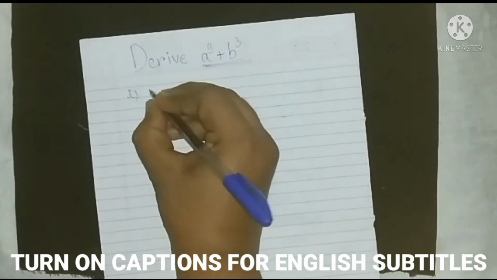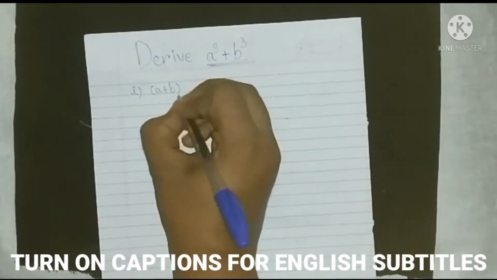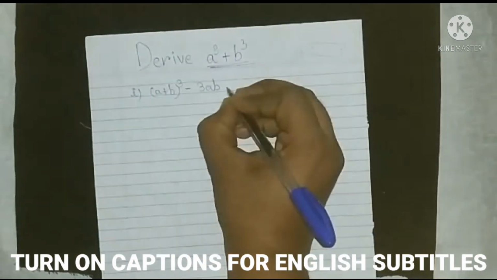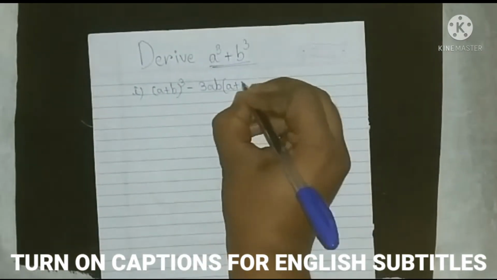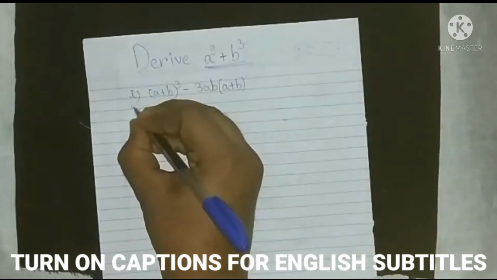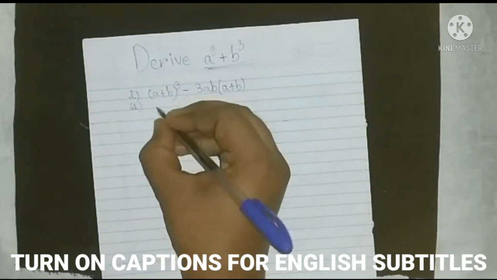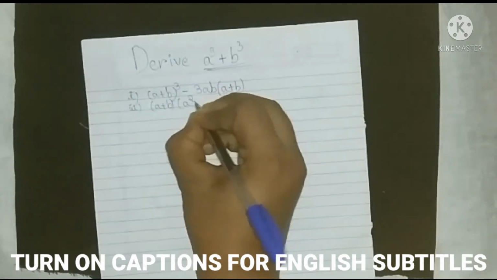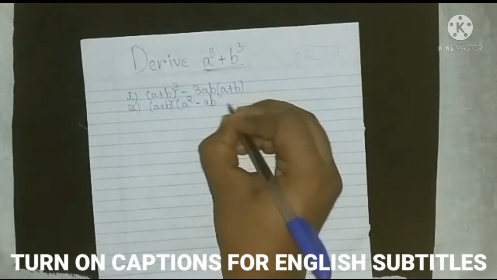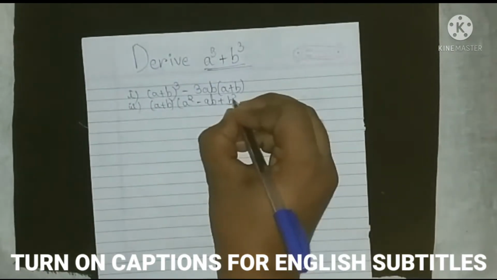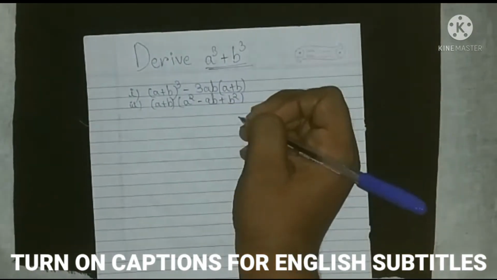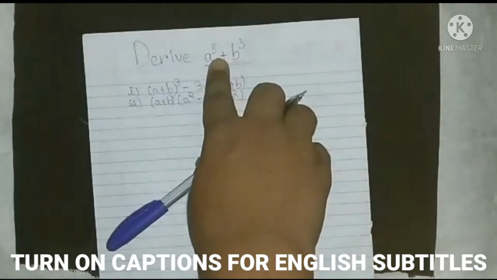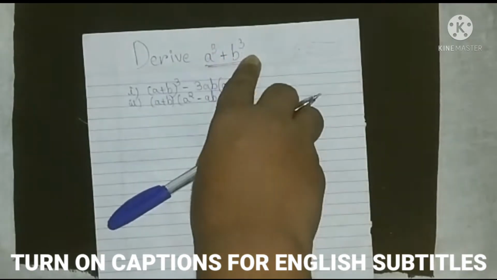Number one is (a + b)³ − 3ab(a + b), and the number two formula is (a + b)(a² − ab + b²). That's clear. We got two formulas or identities for this term a³ + b³.